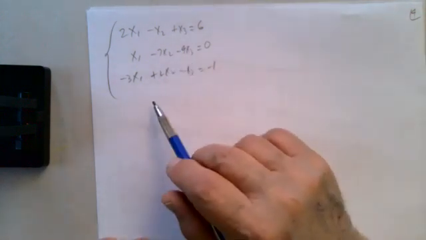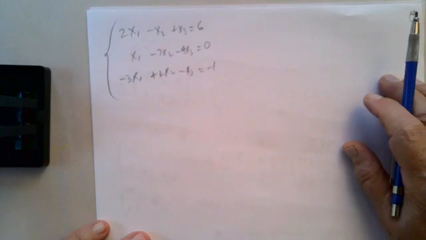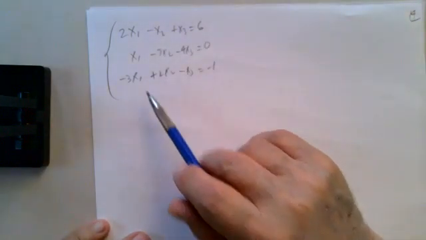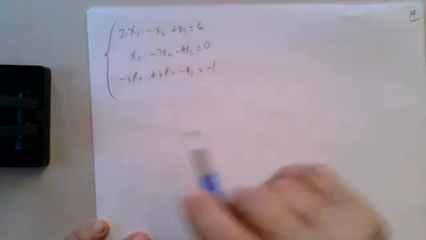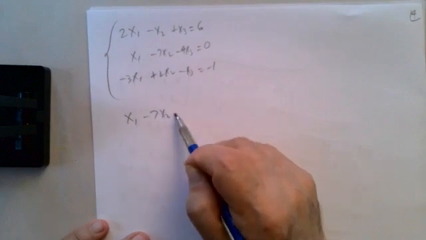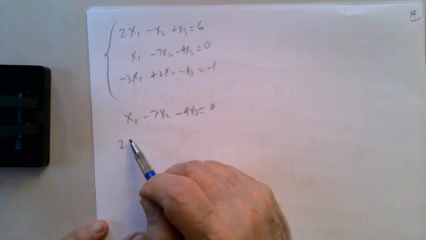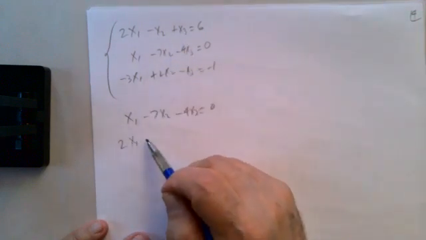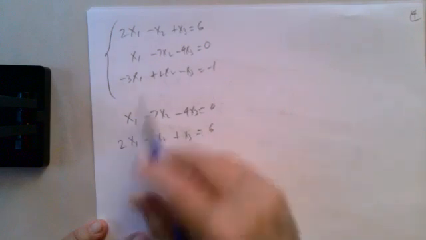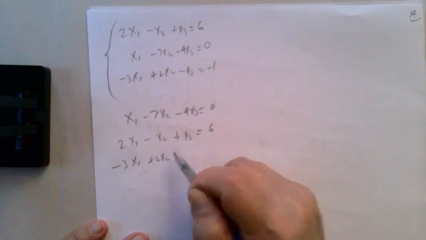And there are 3 things we can do to a system of equations that give us equivalent systems. You can just interchange 2 equations. Like I could interchange equations 1 and 2. So now the second equation is the first equation, and the first equation is the second equation, and the third equation is still the third equation.